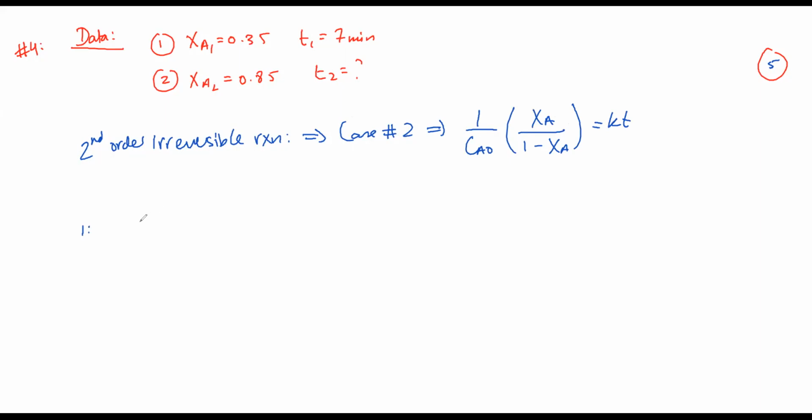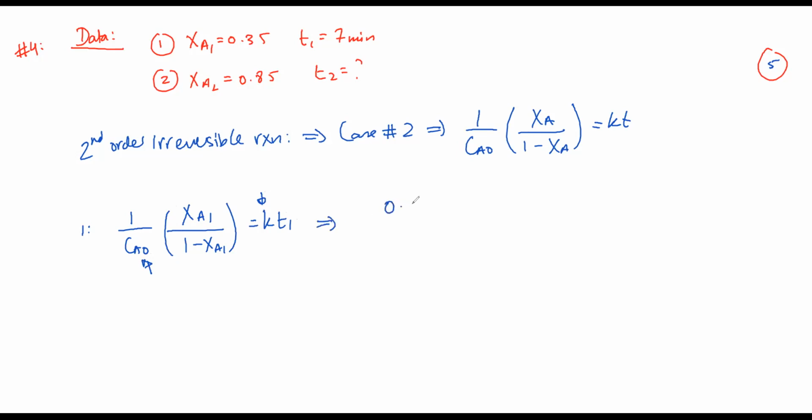So using the first piece of information, 1 over Ca naught times XA1 over 1 minus XA1 is equal to KT1. I don't know K, I don't know Ca naught, I'm going to lump them, right? So just remember this type of manipulation.